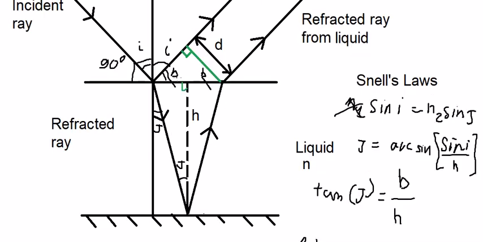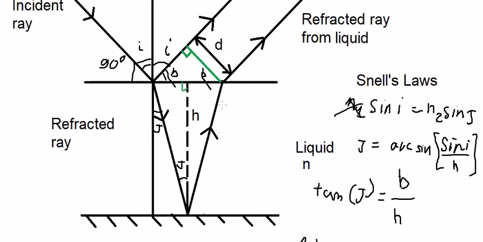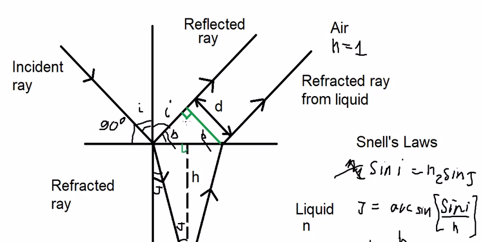So we have B and B, we just multiply both sides by 2, we got 2B. About this right triangle here, we will use sine.